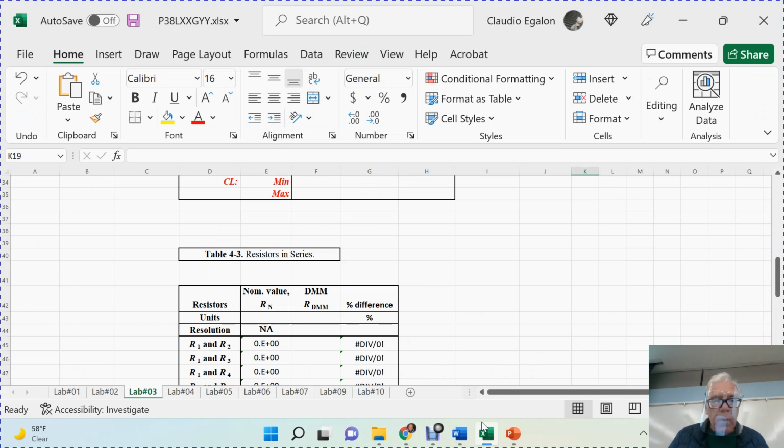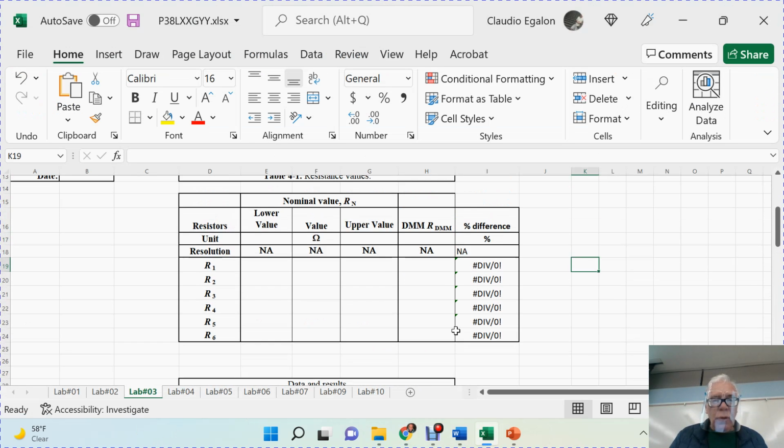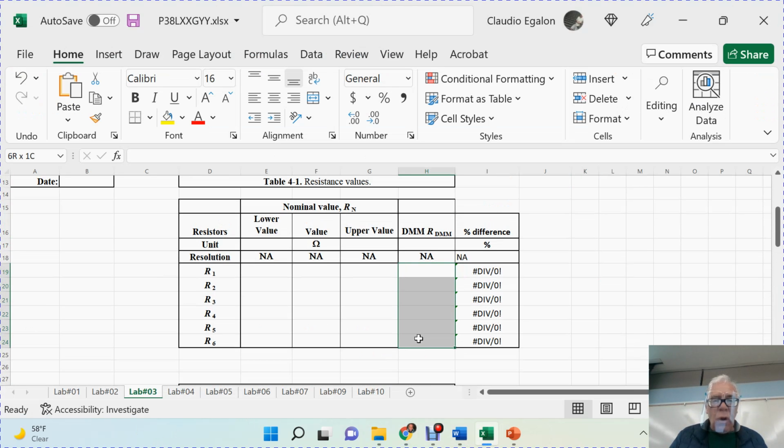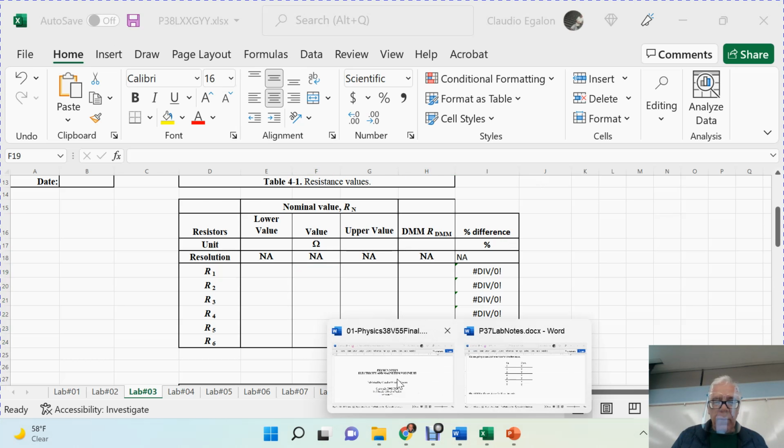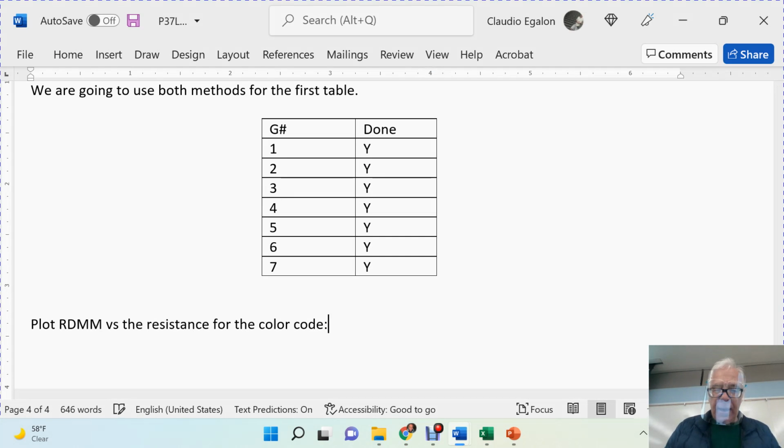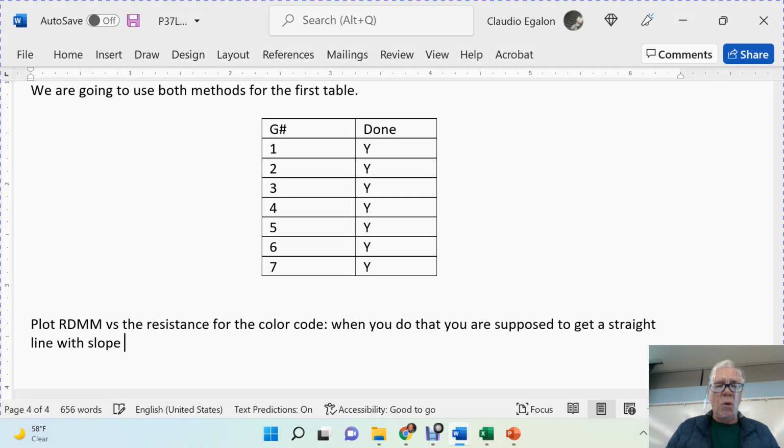Let me see here. Okay, what you have to do, you should plot this column here, I don't have the numbers there, versus this one, the middle one. Okay, that's what you're supposed to do. When you do that, you are supposed to get a straight line with a slope equal to 1.